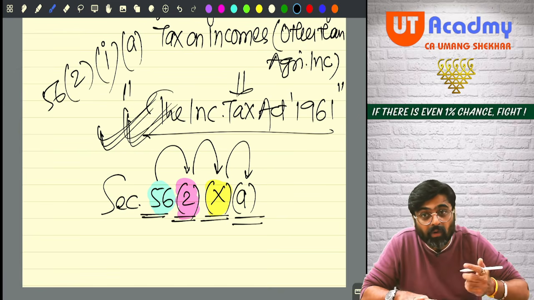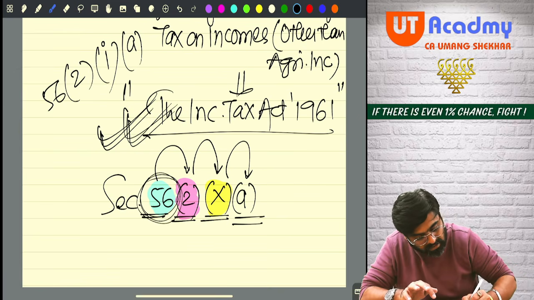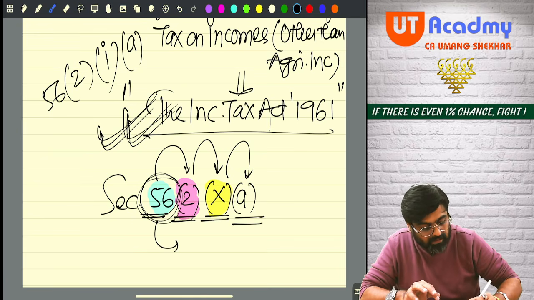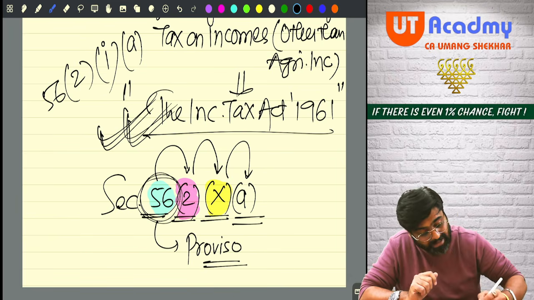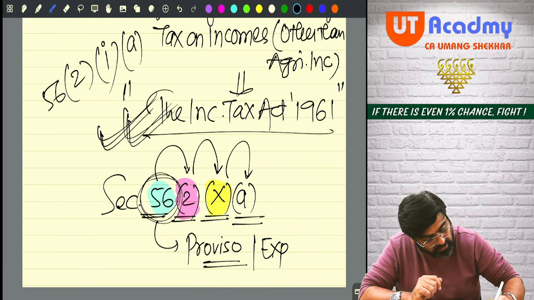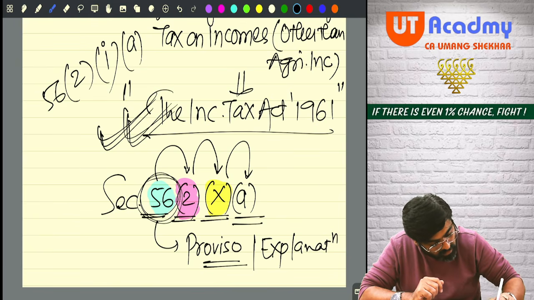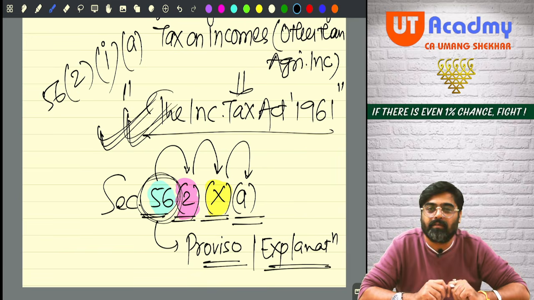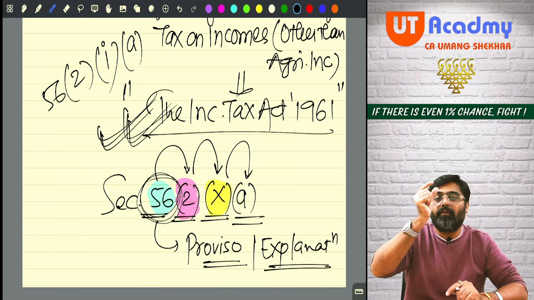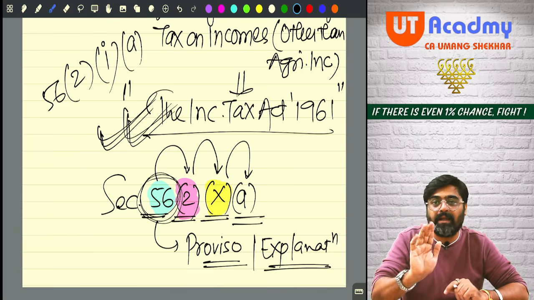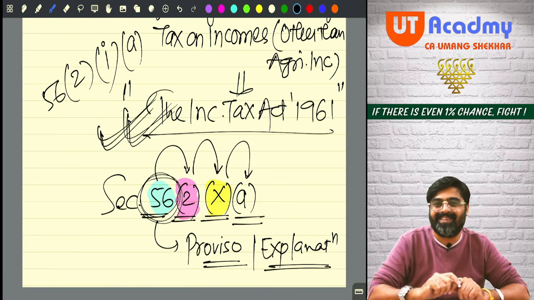Getting my point? Now, along with a section, there are provisos also which you are supposed to study. Proviso. And there can be explanations which are attached to the section. Whenever there is a proviso given in a section, it is an exception to the section.